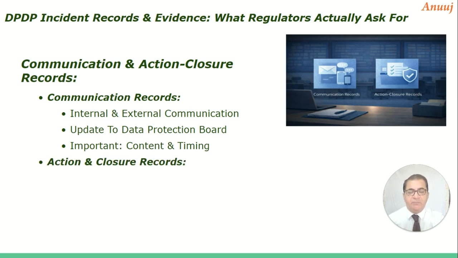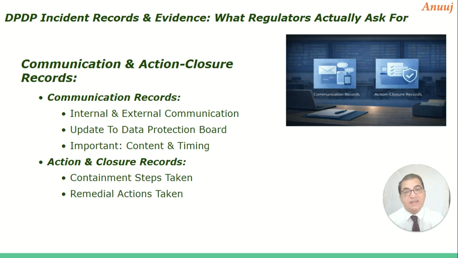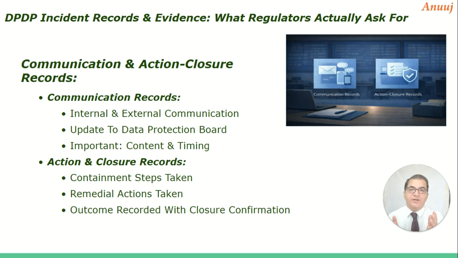Action and closure record. What action did you take to resolve the situation? Were there any remedial actions to ensure that it does not occur again? And what was the outcome of it? Was the outcome recorded? Do we have a closure confirmation? These things need to be documented and these are evidences.